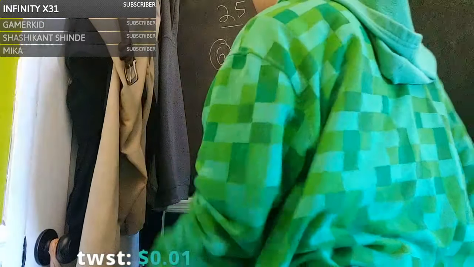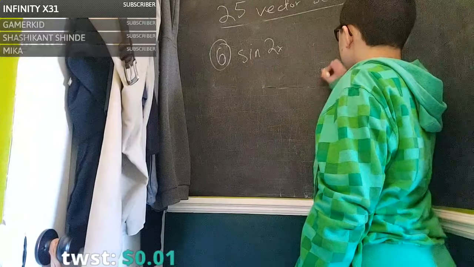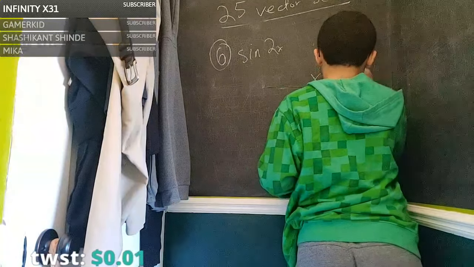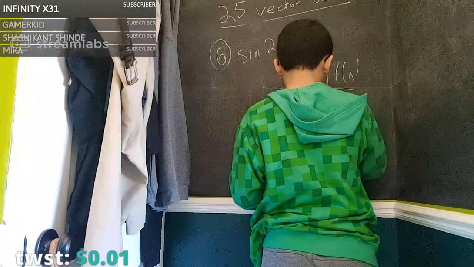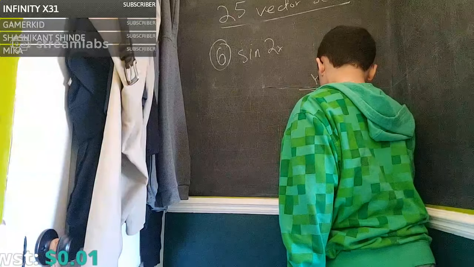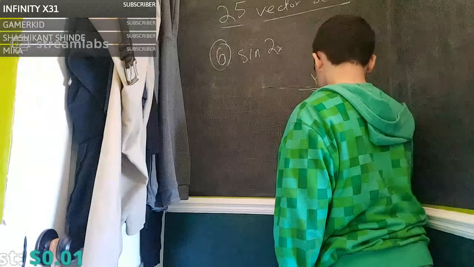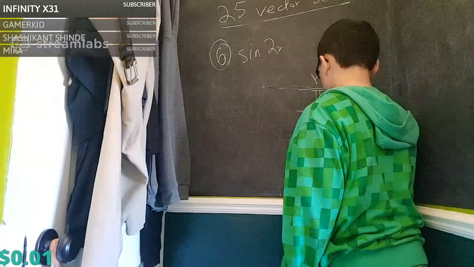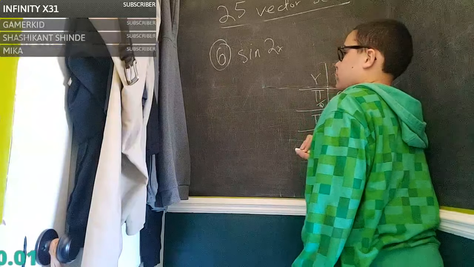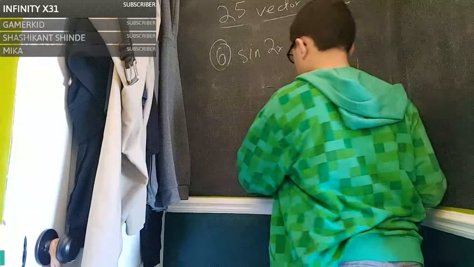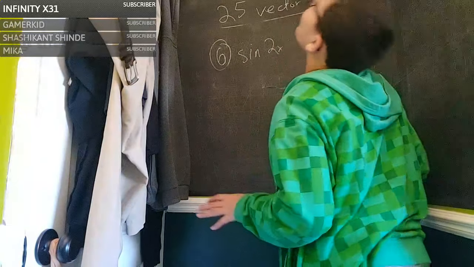Here we go. Okay, let's draw a function table. I have no idea what the graph looks like, but I'm going to draw a function table. Pi over 2, 0, 2 pi, 3 pi over 2. What is sine of 2 pi? I forgot.